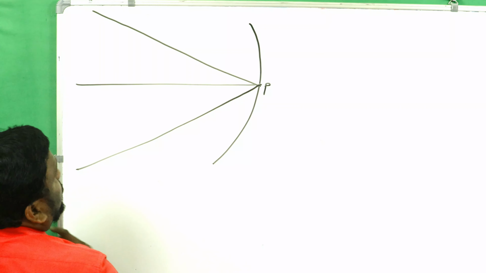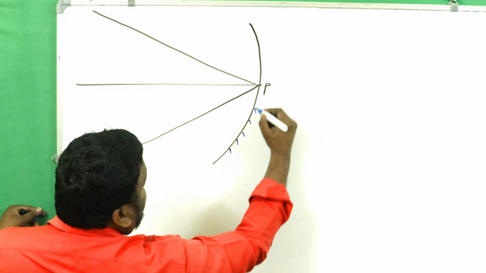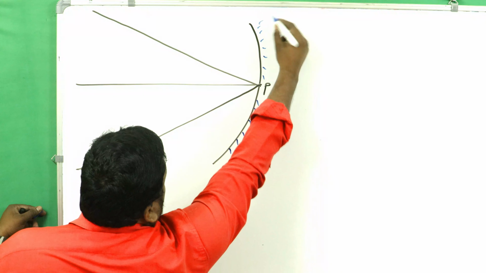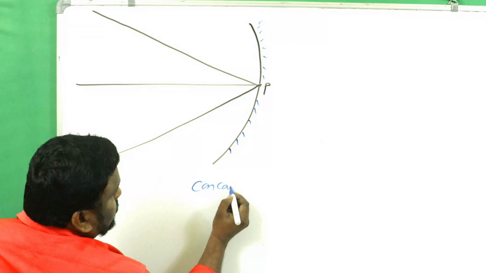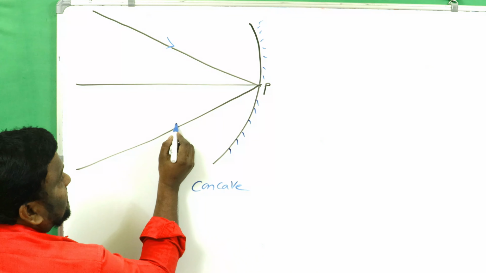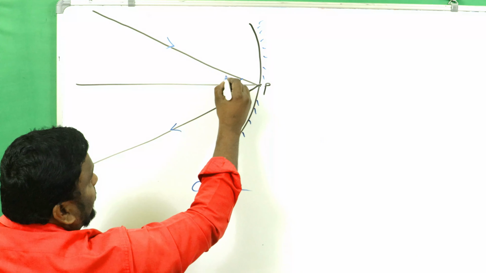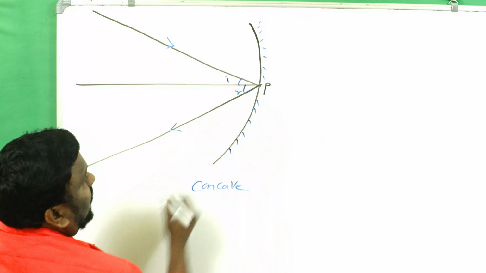Clear? So this is the concave mirror, and this is the incident ray, and this is the reflected ray, and this is the angle of incidence, and this is the angle of reflection.